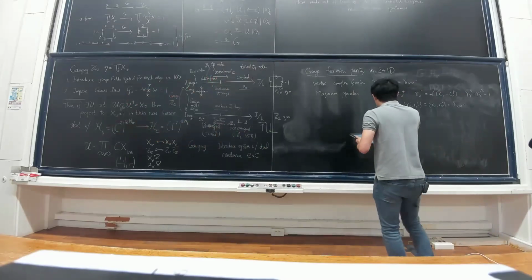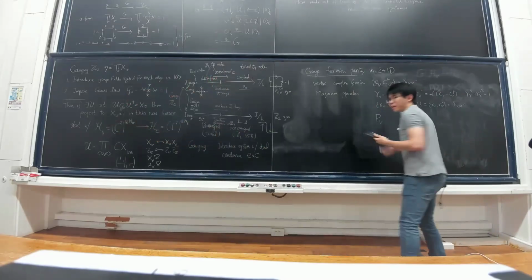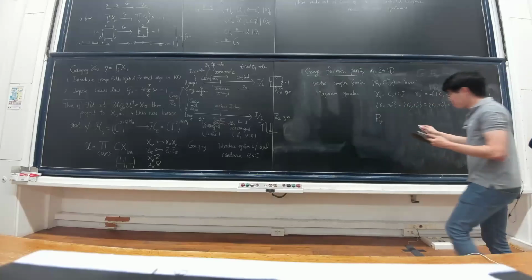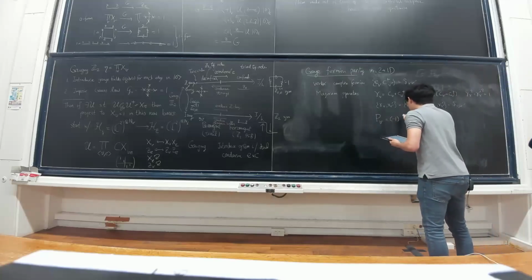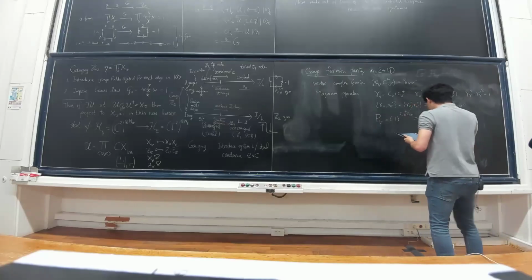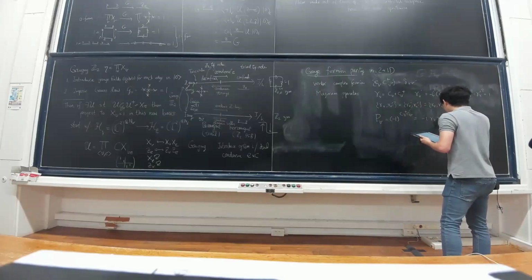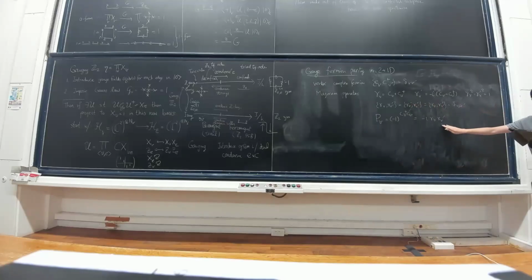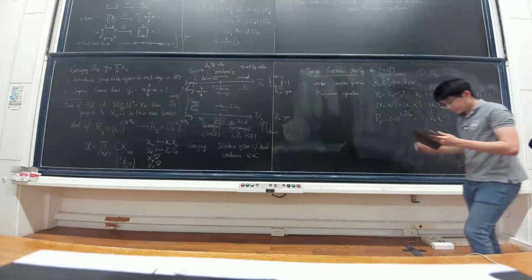And on each side, we can define the fermion parity, which is fermion number mod 2, minus 1 to the fermion number. And it turns out you work out what that is in terms of Majorana operators. So it's just a product of the two Majorana operators. Right.